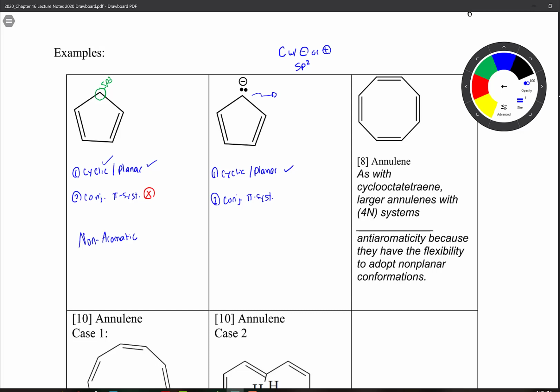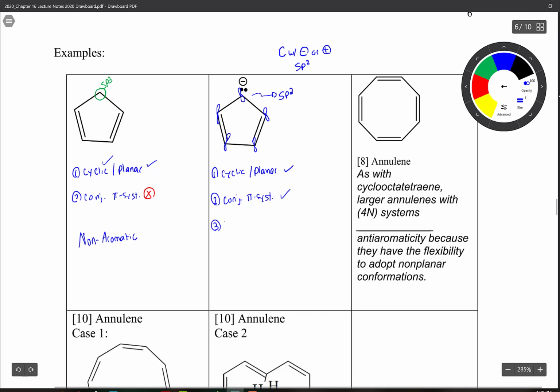I think without exception, this is going to work for us as we go through this chapter. That carbon has a negative charge, therefore it is sp2. That means that it has a p orbital that's coming in and out of the plane of the page. So all of these atoms have p orbitals here. They're all lined up, so we have a conjugated pi system.